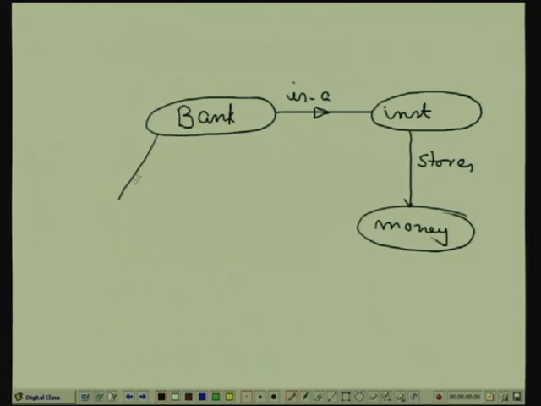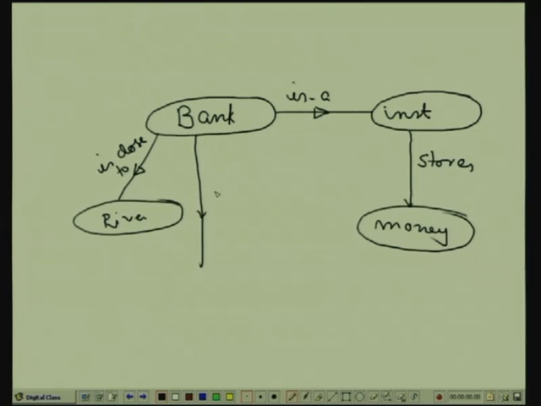Bank say is close to river. Bank is visited by people.